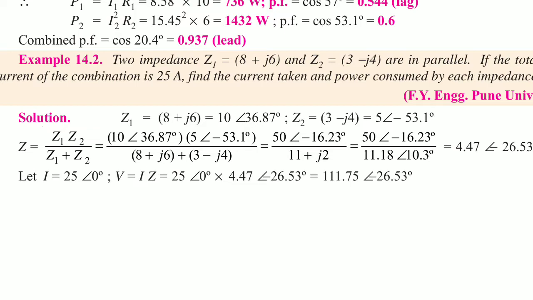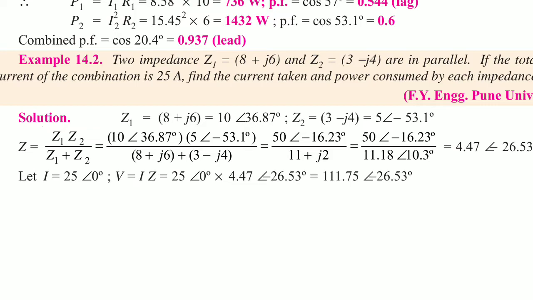Z1 into Z2 divided by Z1 plus Z2, which is 10 angle of 36.87 into 5 angle of minus 53.1, divided by 8 plus j6 plus 3 minus j4.